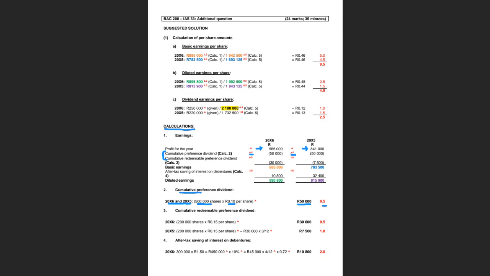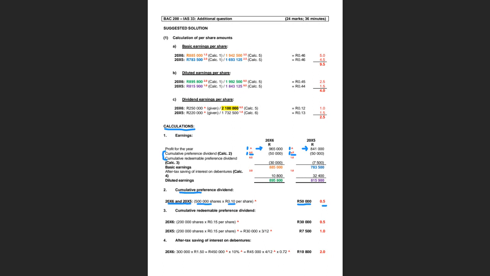So far, if you copied the profit straight out of the question and calculated the 50,000 Rand preference share dividends correctly, you got 2 marks.